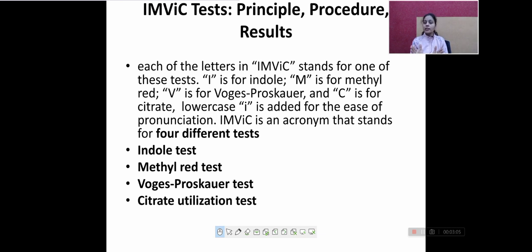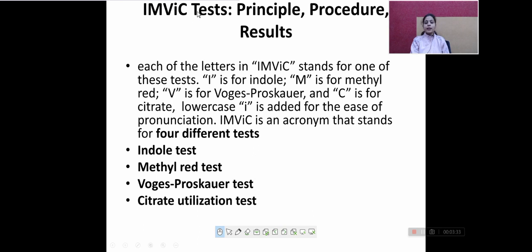And this lower i is added only for ease of pronunciation, right? So this is the IMVIC test. I stands for indole, M stands for methyl red, V stands for Voges-Proskauer test, and C stands for citrate test. So it's a combination of several types of tests.